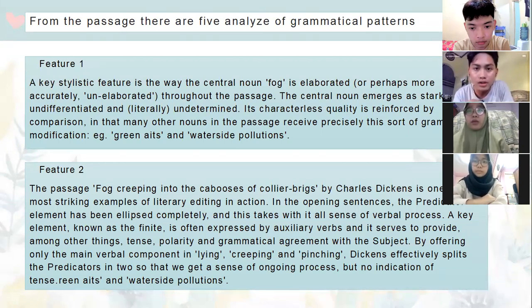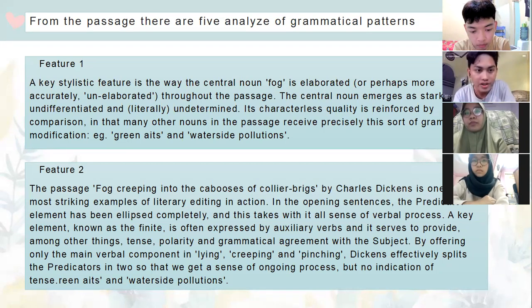The central noun emerges as stark, undifferentiated, and literally undetermined. Its characterless quality is reinforced by comparison, in that many other nouns in the passage receive precisely the sort of grammatical modification, for example, "ancient Greenwich pensioners" and "waterside pollutions."